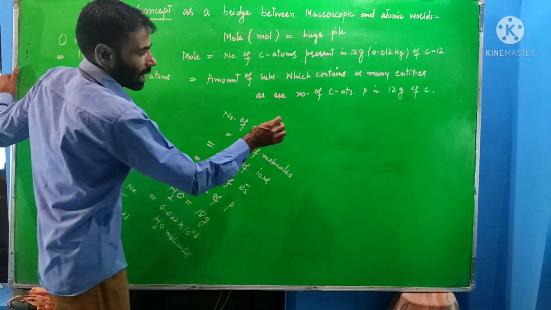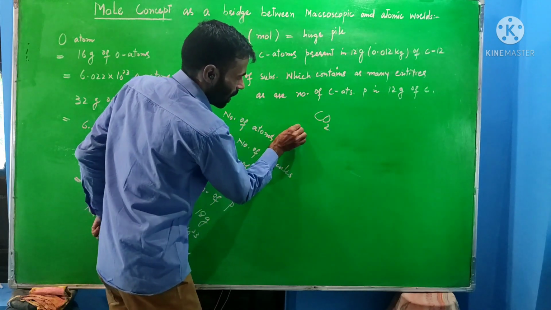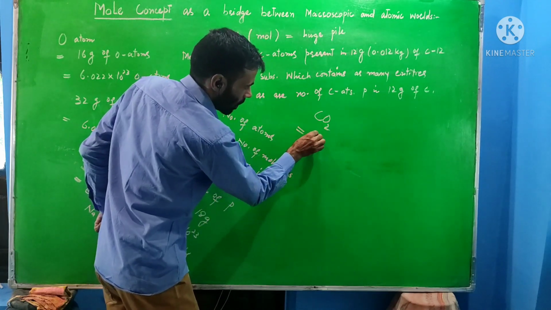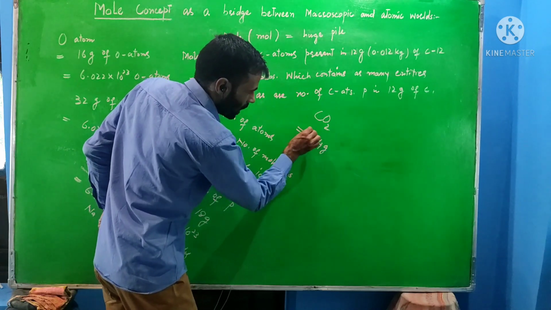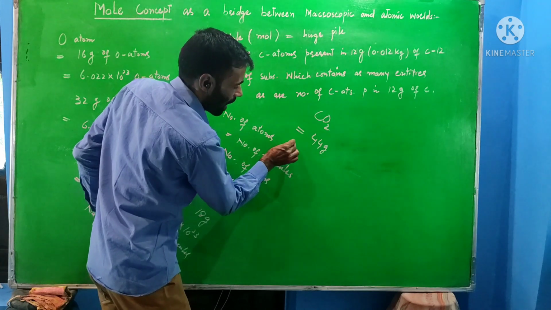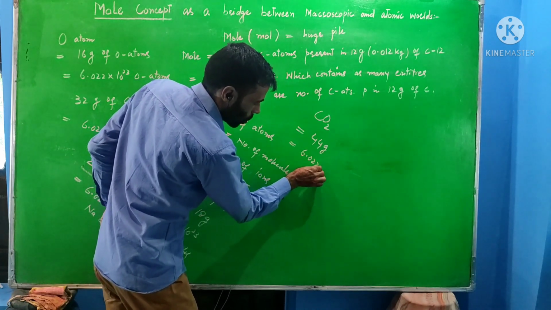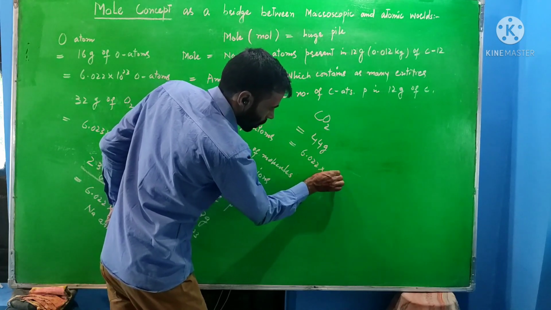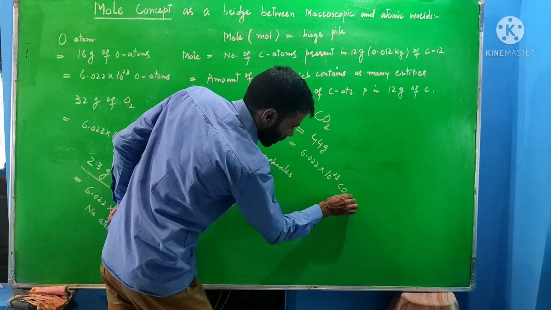If I take carbon dioxide with a mass of 44 gram, then within 44 gram of carbon dioxide there are 6.022 into 10 raised to the power 23 carbon dioxide molecules.